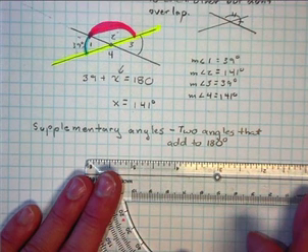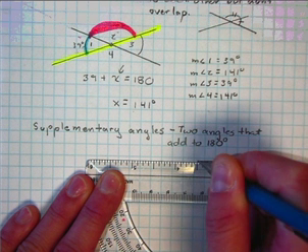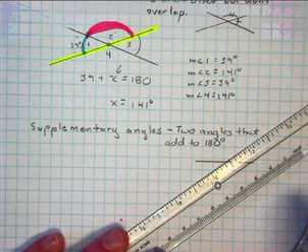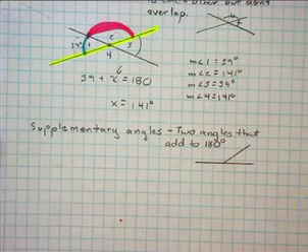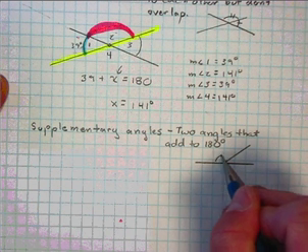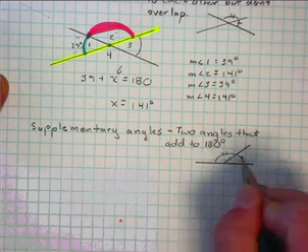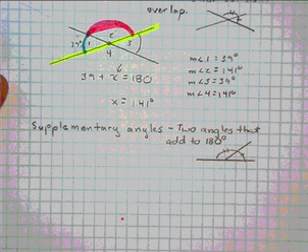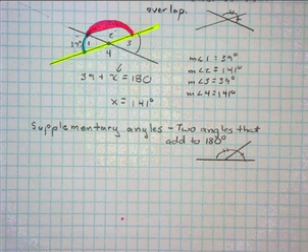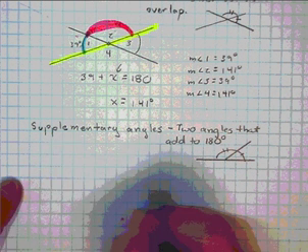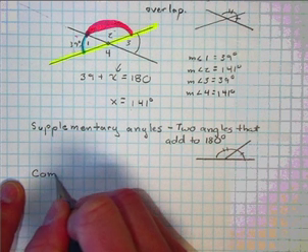So if you have a straight line and another line, these two adjacent angles add together to be 180 degrees. Those are supplementary angles, which is really closely tied to complementary angles.